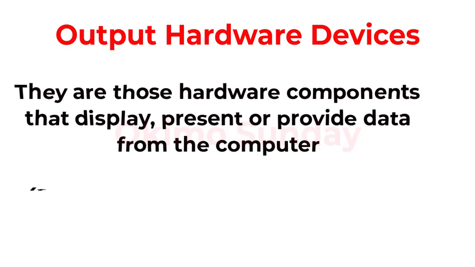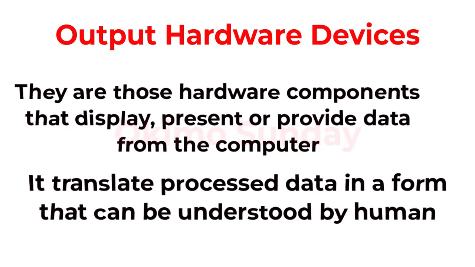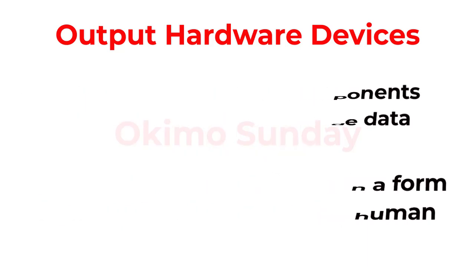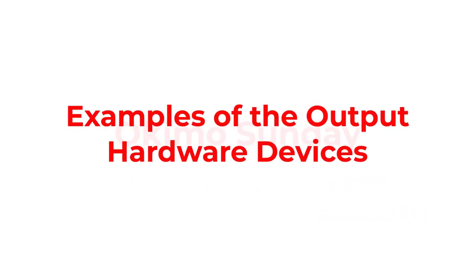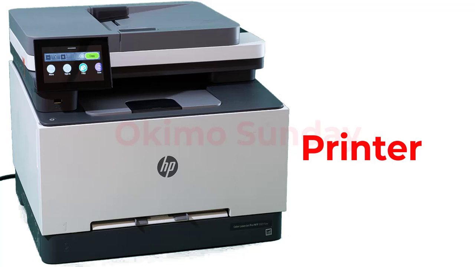It actually translates processed data into a form that can be understood by humans or used by other devices. These are examples of output hardware devices. We have the printer. The printer is an output device that is used to print information on paper. The printer actually gives you the hard copy of your document.